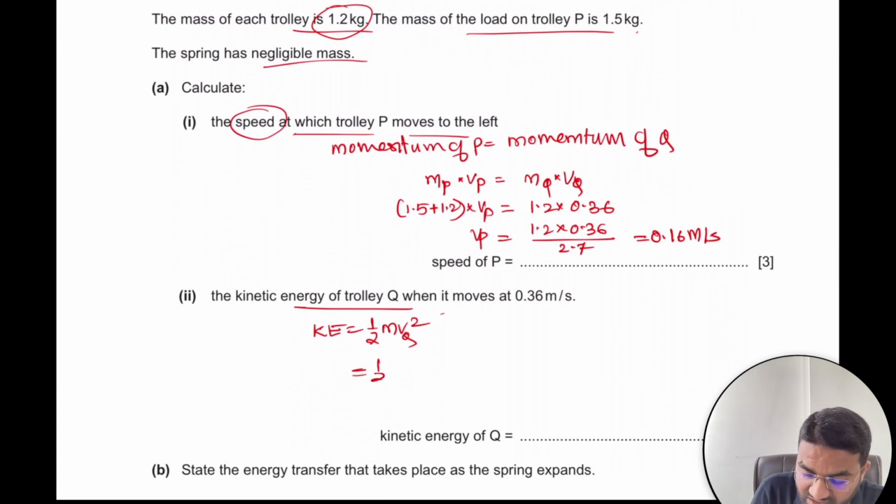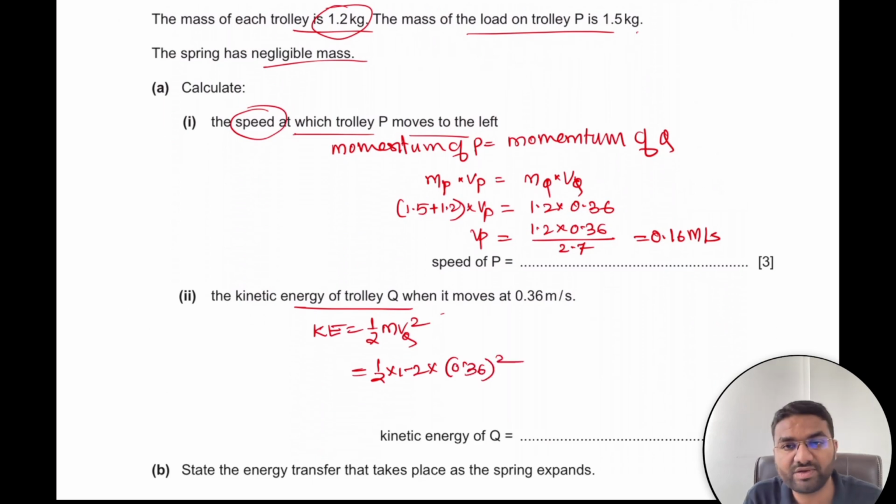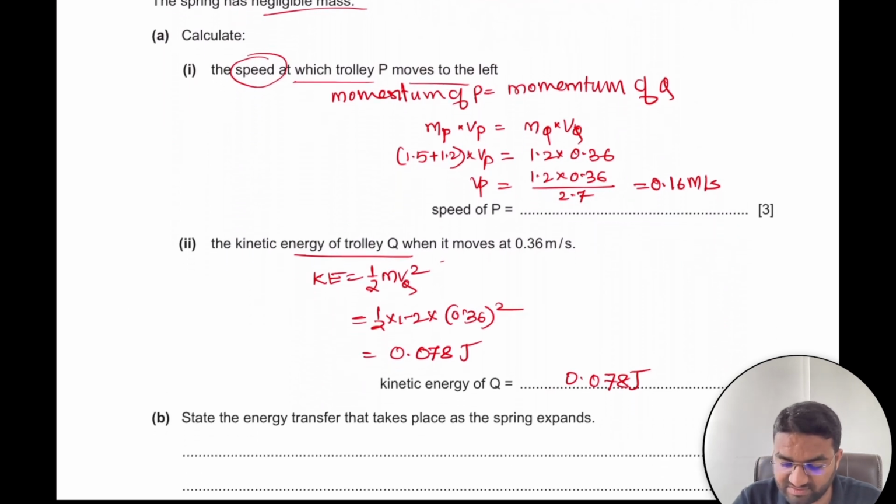So it's 1/2 times m, which is 1.2, times 0.36 bracket squared. If you put these things in your calculator, you will get 0.078 joule. This is the unit, 0.078 joule. Fine. So this is how you have to solve it. Here this is for 3 marks and with the right answer you will get A1 as well.